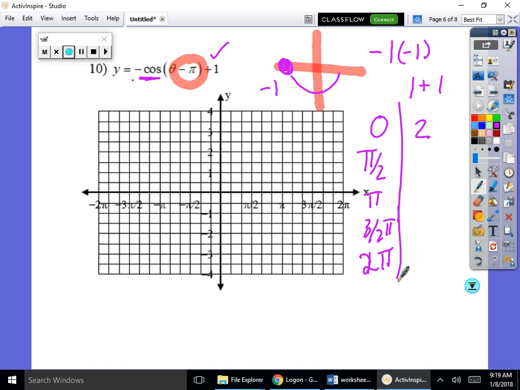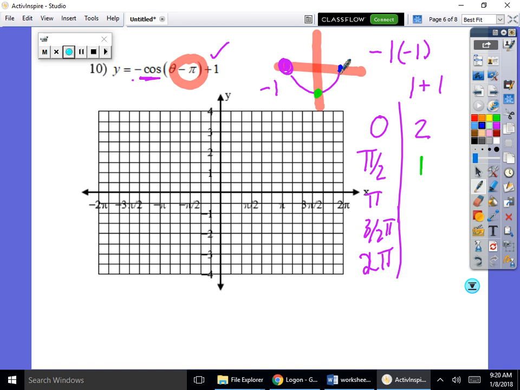Now, I'm just going to go around clockwise. So I'm going to move forward half a pi. I'm here. What is my x? 0 times -1. 0 plus 1 is 1. -0. My goodness. Okay, now I'm here.